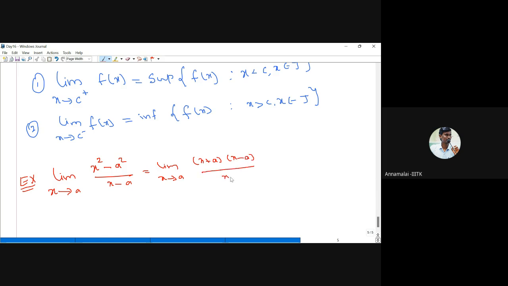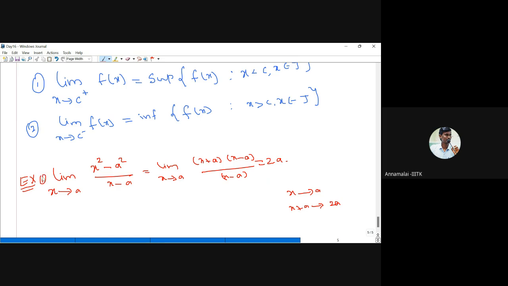In the denominator we have x minus a. We can cancel x minus a. Then if x approaches a, what about x plus a? Just add a, we get 2a. So therefore this limit is 2a. This is the first problem.